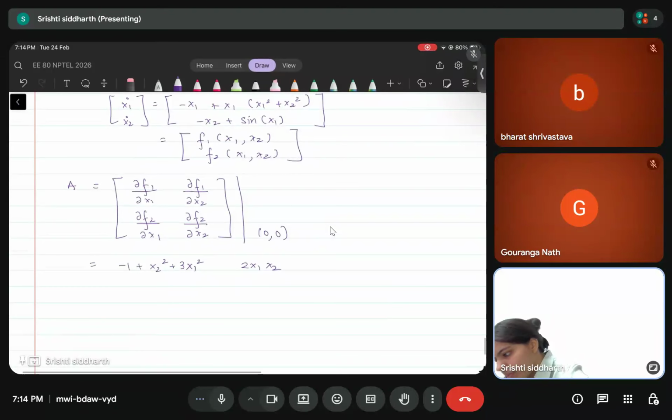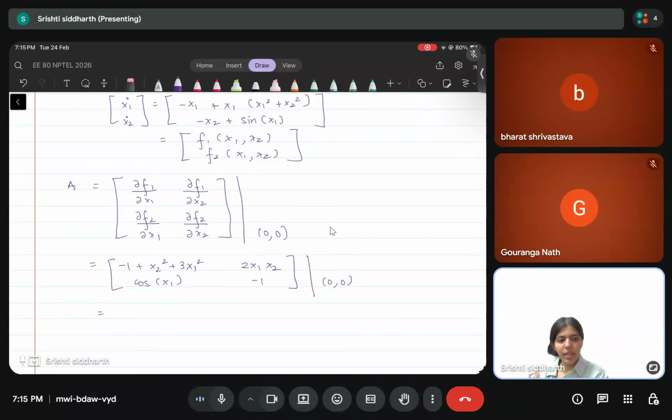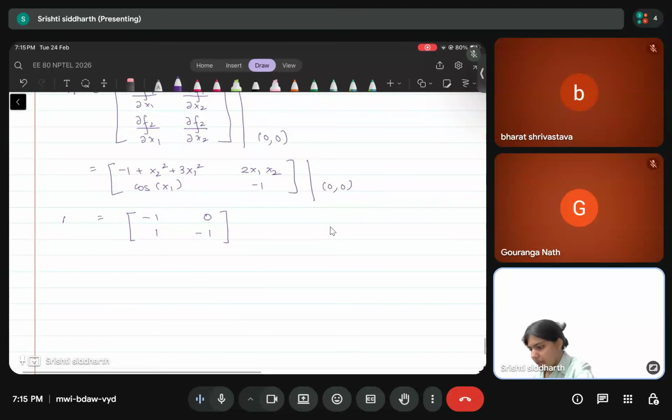And we have cos x1 and then minus 1. Evaluated at 0. So let's substitute x1 and x2 as 0. We have minus 1, 0, 1 and minus 1. So this is the linearized system.